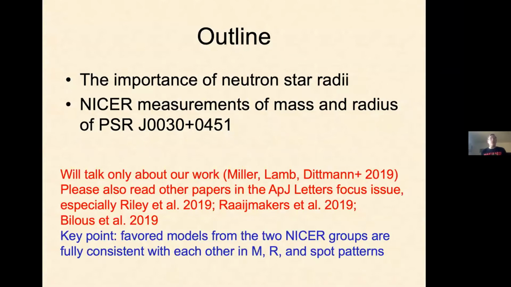But I also encourage you to read the papers from the other group within NICER that did independent analysis, who broke those three categories into three separate papers. The key point in terms of a comparison is that the favored models for these two independent groups are fully consistent with each other, not just in the inferred mass and radius, but also remarkably in the spot pattern.